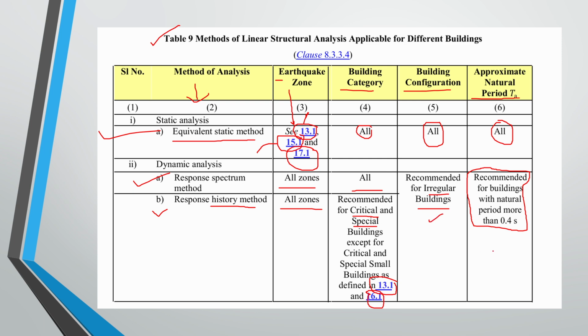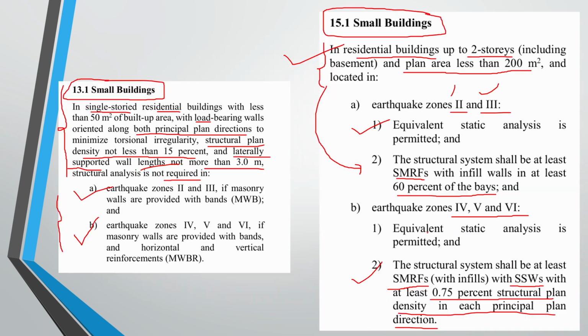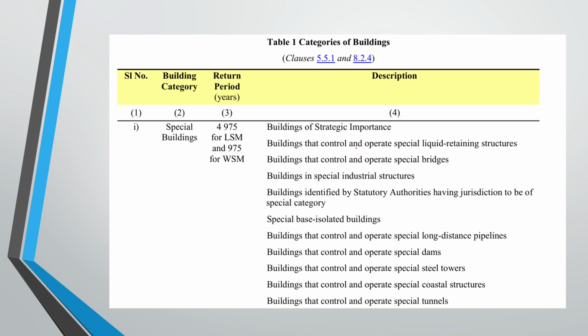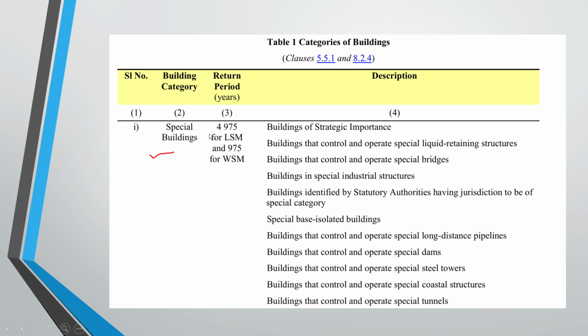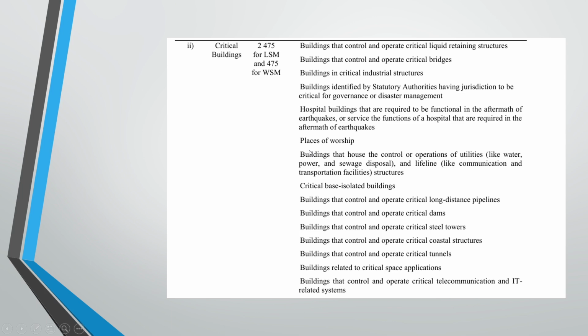Again, irregular building and time period greater than 0.4. So response history analysis is recommended for special buildings and critical buildings. Here you can see the list of critical buildings as per IS 1893-2025, the special buildings and their description, and the critical buildings and their description.